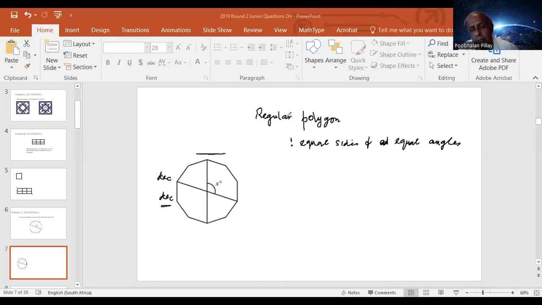So if a polygon has got 10 sides, it's got 10 angles. So generally a polygon with n sides has got n equal angles.